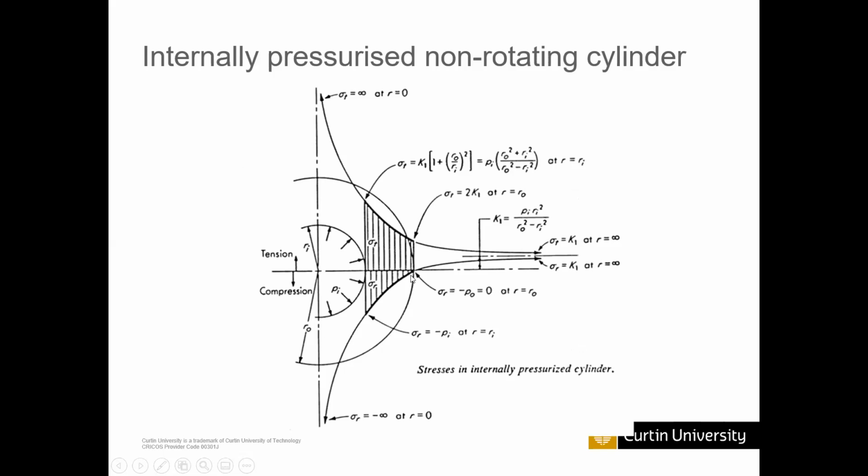And if you go radially outward, outside of the cylinder, the lines will be symmetrical around this axis. It has some value, and with the equation you can get this value too. When R goes to infinity, you will get a constant value.